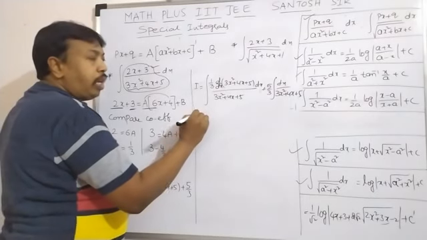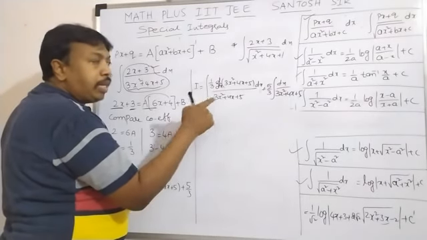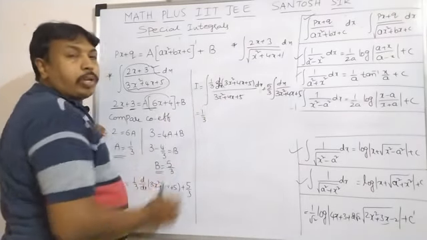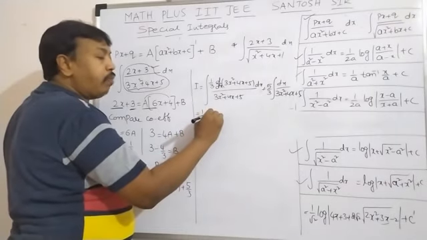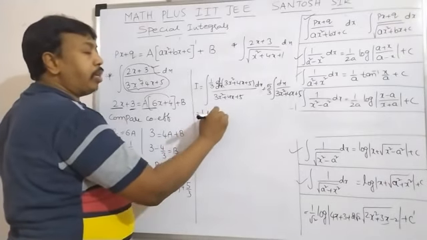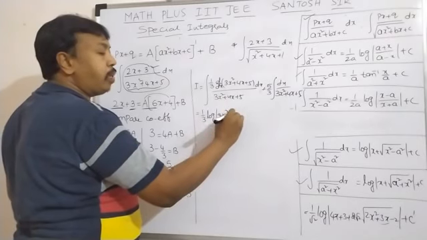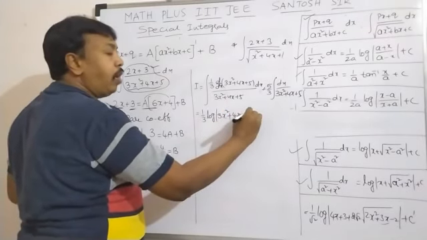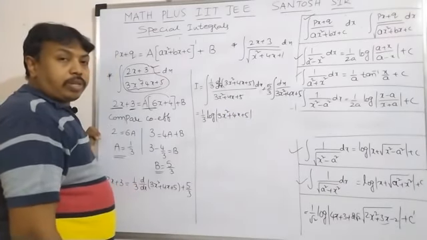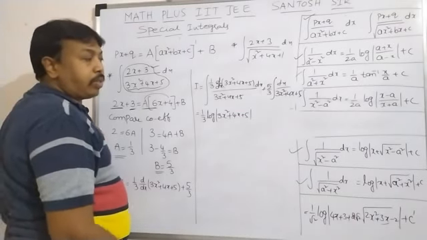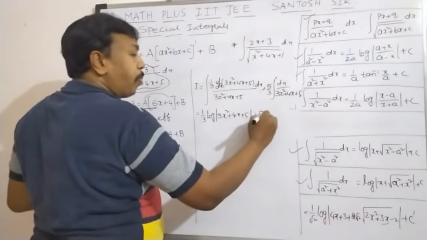Now here in the first term, the denominator's derivative is in the numerator, so directly log of the denominator, that is 3x square plus 4x plus 5. f dash of x upon f of x, integration is log of f of x, plus this 5 upon 3.